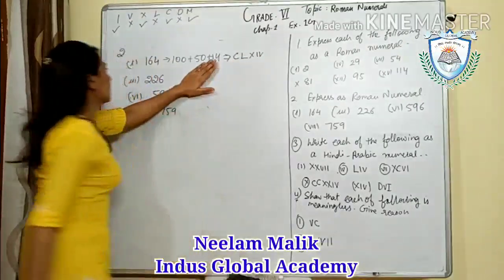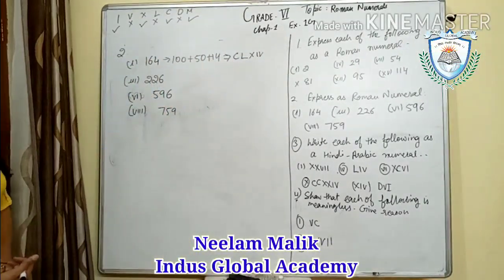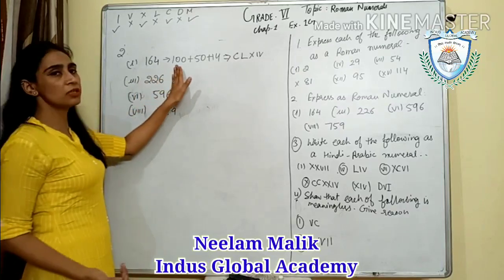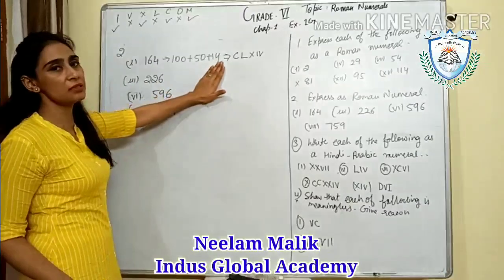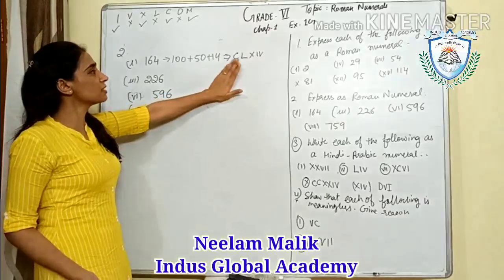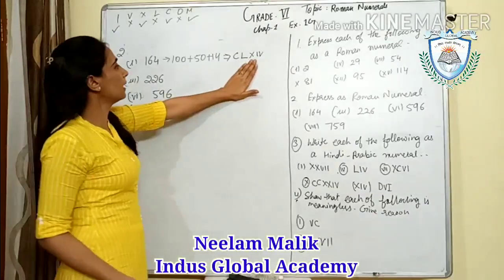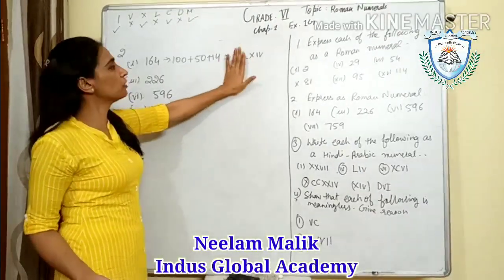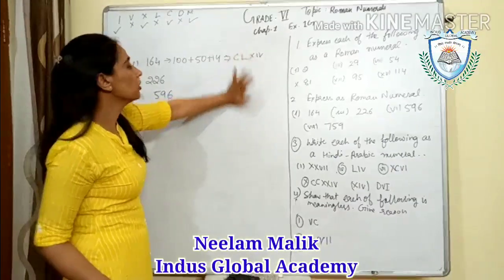So this is our 164. I hope you understand: 164 is 100 plus 50 plus 14. So 100 is C, 50 is L, and 14 is XIV. Simply we write this 14.